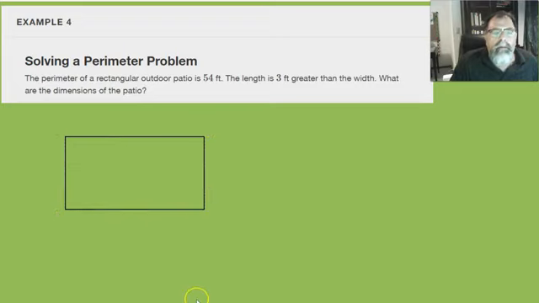So when you do these, you should identify any formulas. We want the perimeter of a rectangle. Perimeter for a rectangle is twice the length plus twice the width.